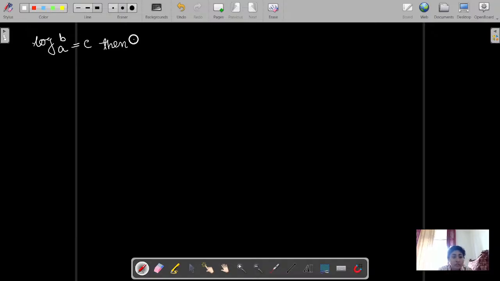Okay. So this is the base, then this b and a, they both should be greater than 0. This base and this also, they both should be greater than 0.